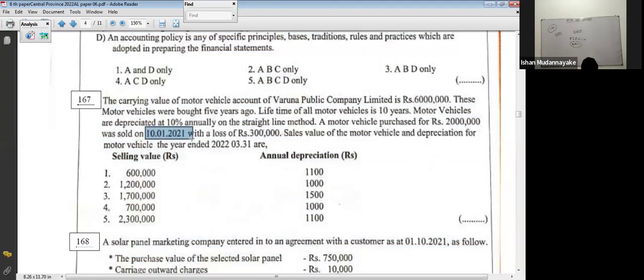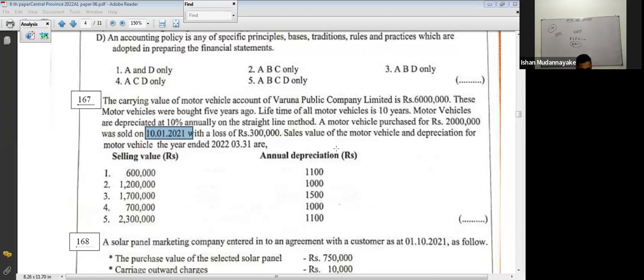Our financial year ending date is 31st March 2022, so it should be 1st October 2021. Now I make a note, 1st October is a printing mistake. 1st October 2021 with a loss of 300,000.